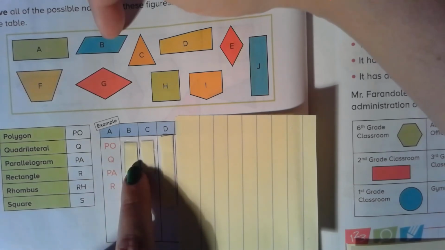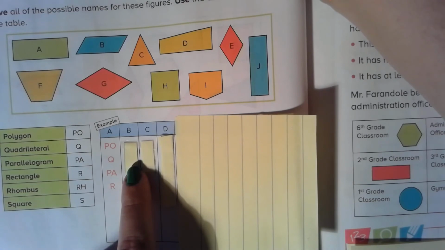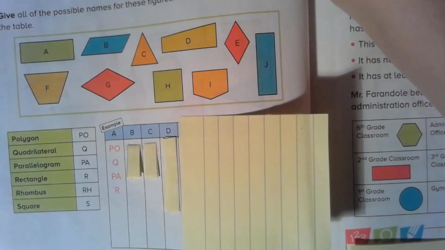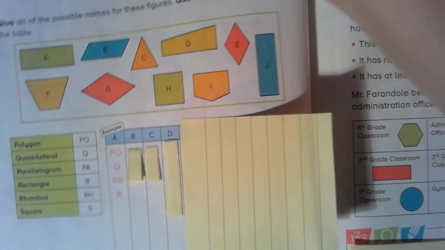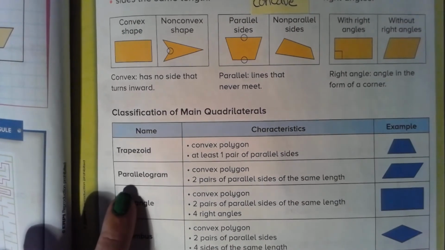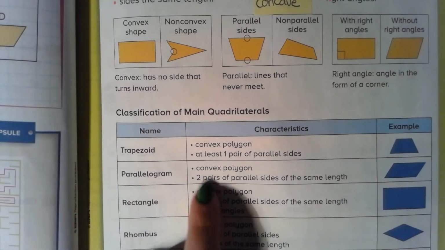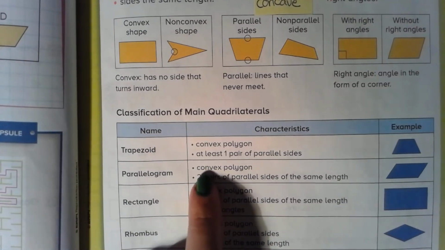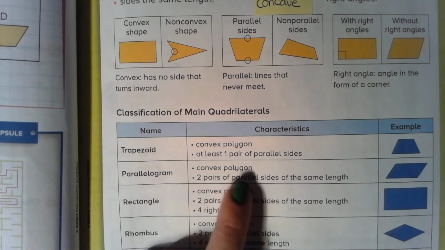Is it a parallelogram? What was a parallelogram again? Do you remember? If you don't remember, it's easy as going back. What is a parallelogram? So on page 61, a parallelogram, convex polygon, so its points point outward.